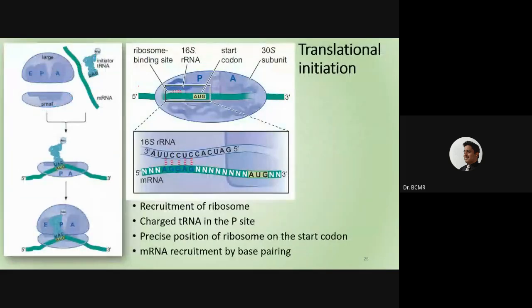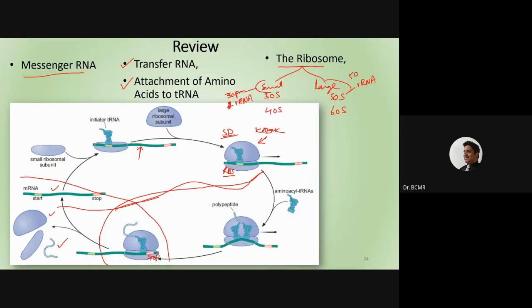Okay, so for translation initiation, the ribosome should recognize the mRNA. And it is the job of the small subunit. Again, in the last class, I wanted to also mention that the primary function of the small subunit is decoding. What the codon in the mRNA should be decoded so that the adapter molecule can come in, and it's a process basically.